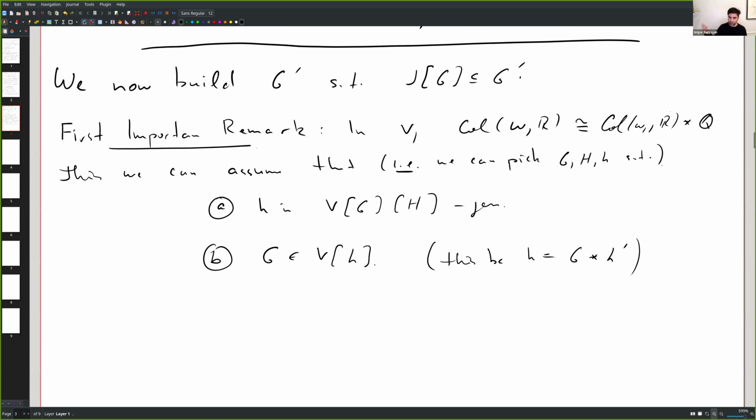So for your G, there's always some H prime that gives you this H, and now pick H generic with that property. So you can always pick this kind of configuration.